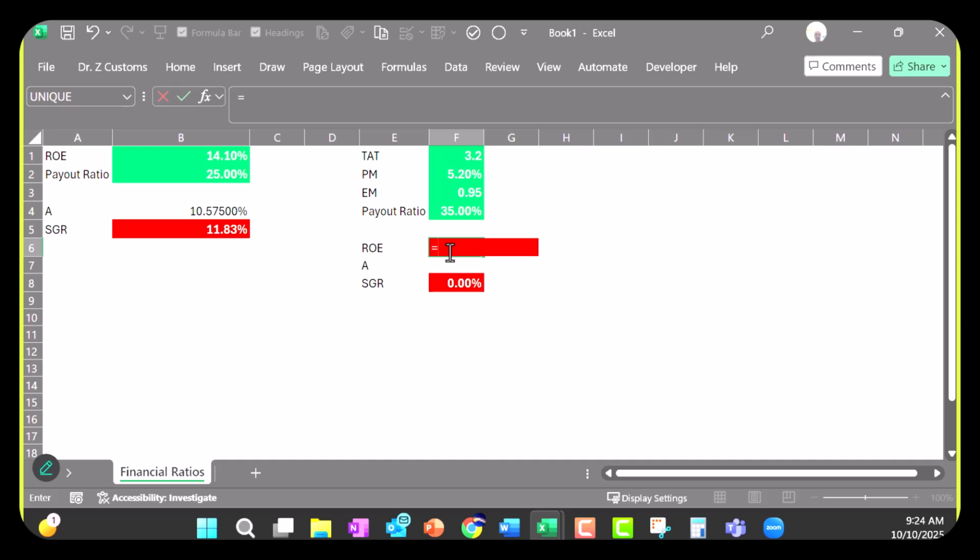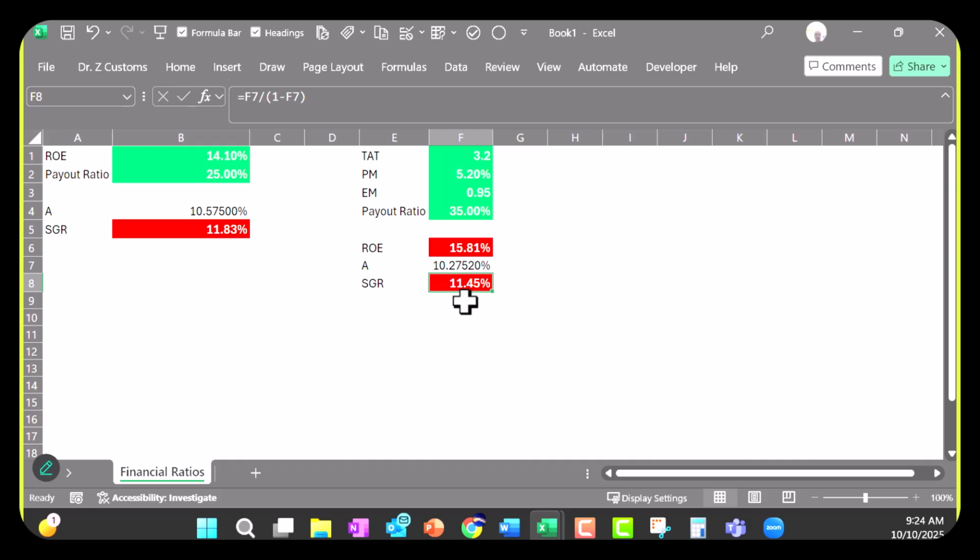Well, I can calculate ROE using DuPont's identity. I have the profit margin times total asset turnover times equity multiplier. And my A is ROE times 1 minus payout. That's it. That's our answer.